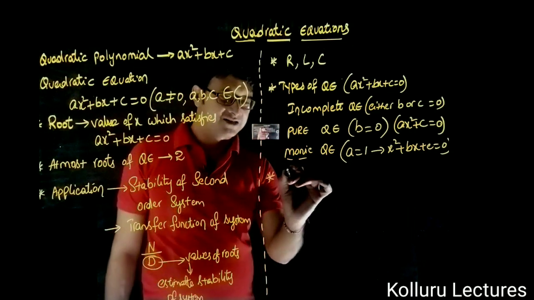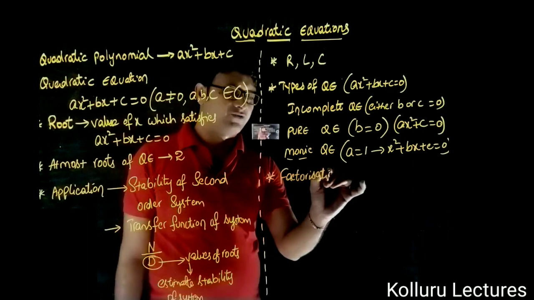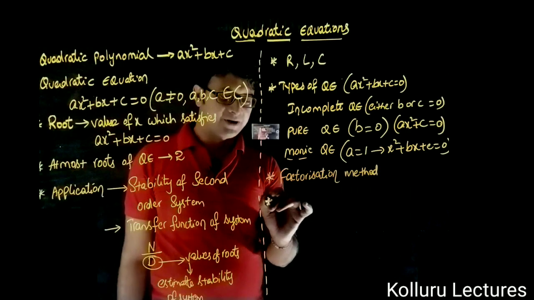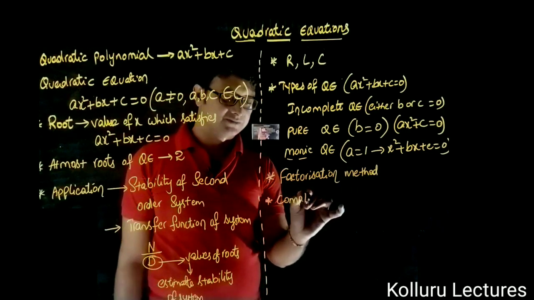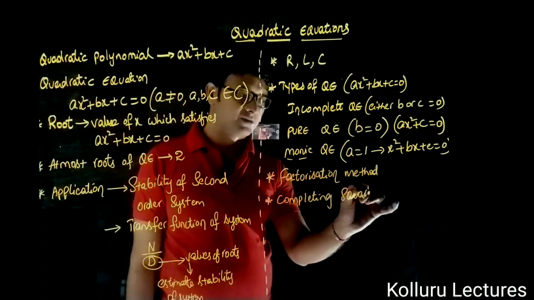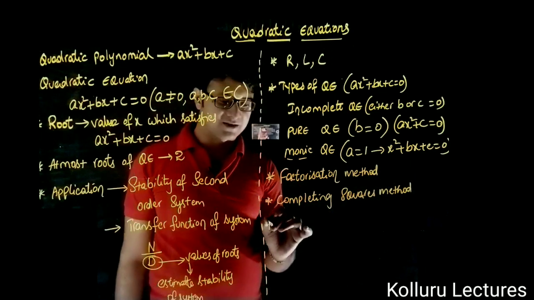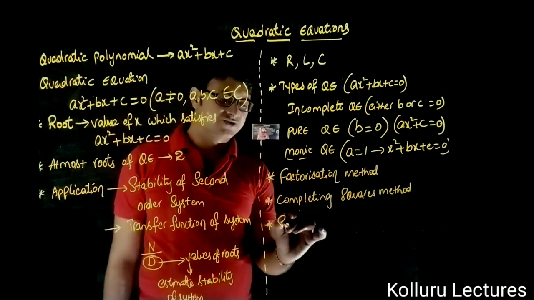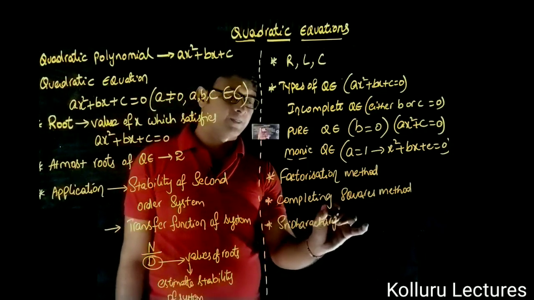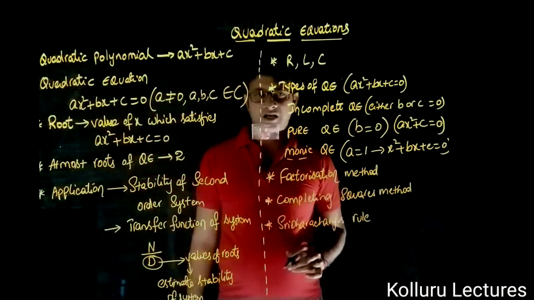Those are factorization method, completing the squares method, and at the same time the direct formula, which I can call Sridharacharya's rule also.